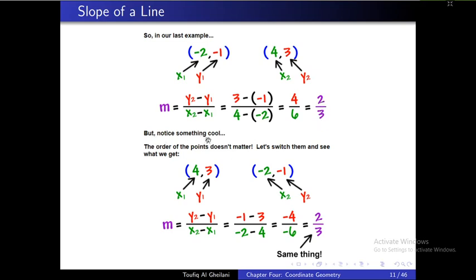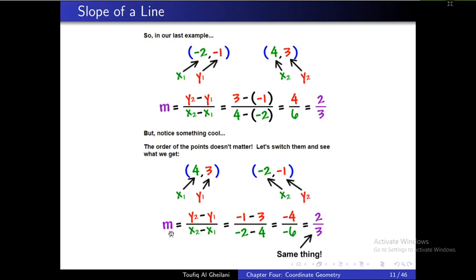But notice something cool. The order of the points doesn't matter. Let's switch them and see what we get. For example, here we will make x1 equal 4 and y1 equal 3, and x2 equal minus 2 and y2 equal minus 1.